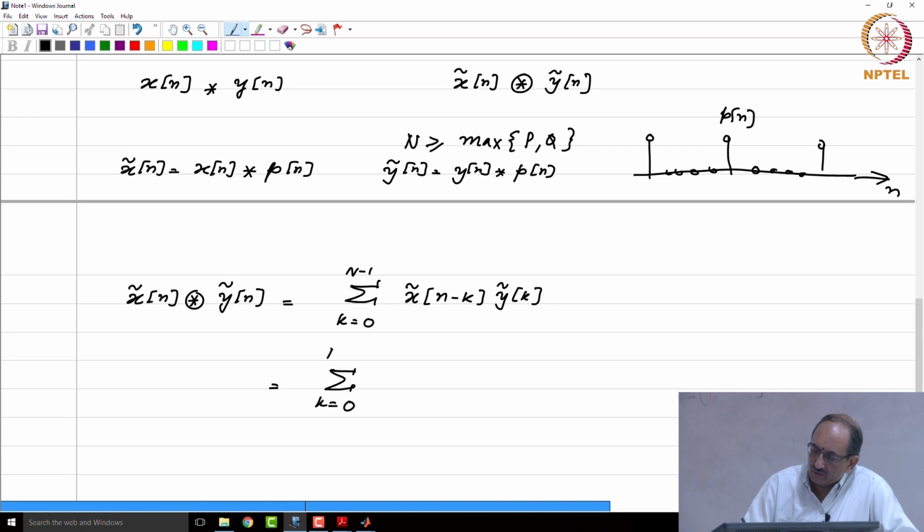So this is nothing but the sum over k going from 0 to N minus 1 of x tilde of n minus k, and you can replace y tilde of k by y of k, because over the interval 0 to N minus 1, y tilde of k is the same as y of k.